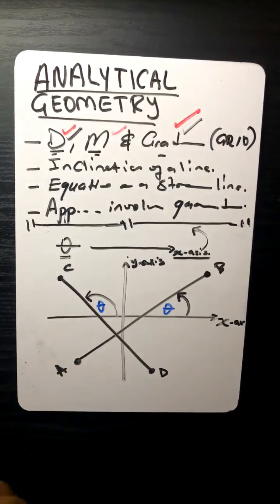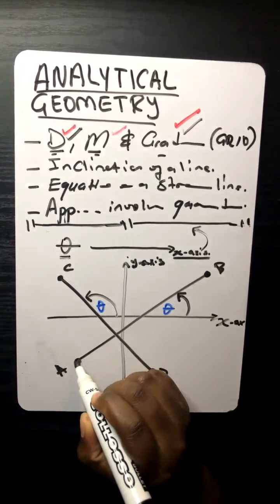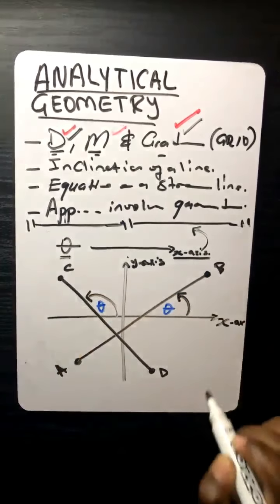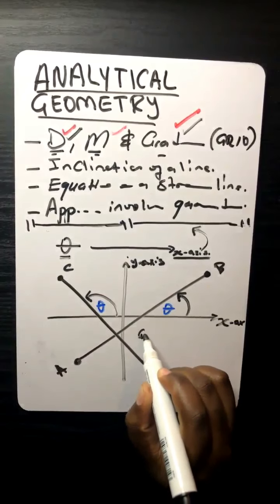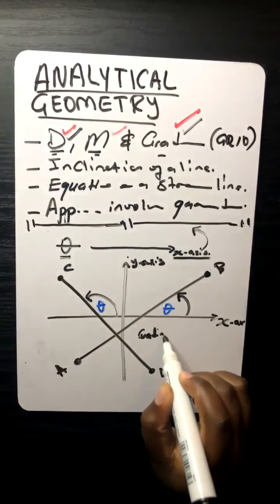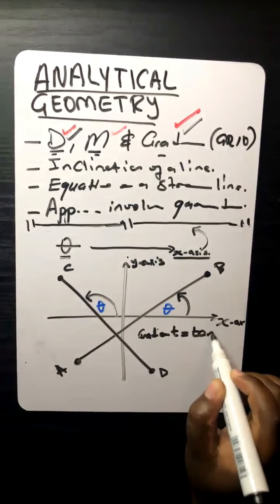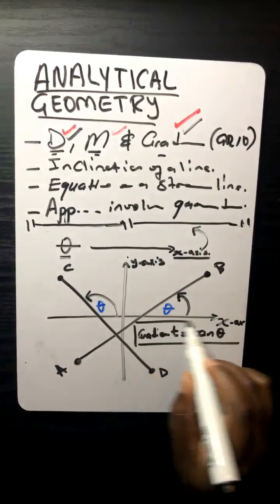So how do we calculate that angle, guys? We do know very well that we can calculate the gradient of AB. We can calculate the gradient of CD. So they say the gradient, guys, is the same as tan of the angle. This is a formula that you must know, guys.